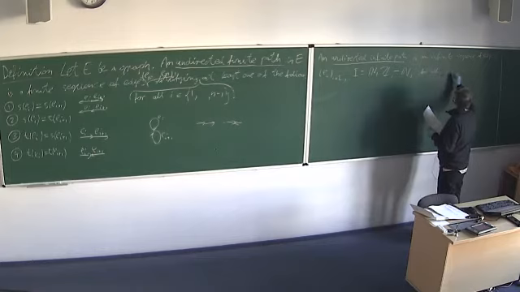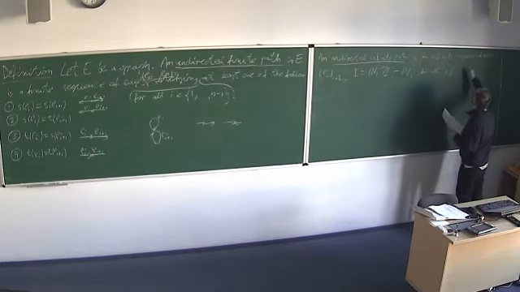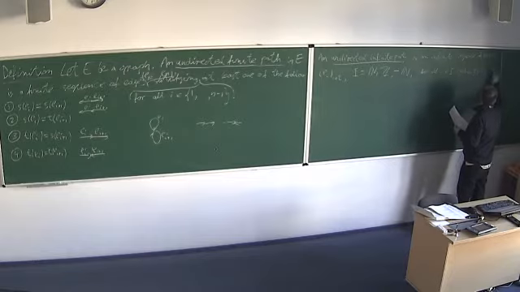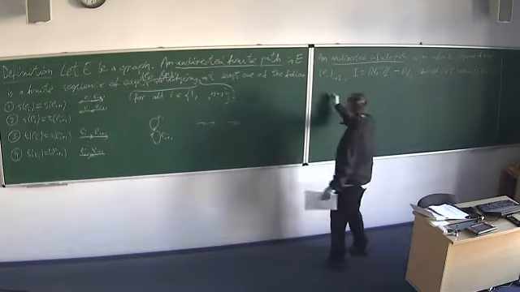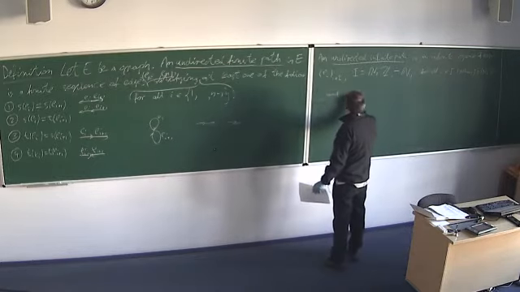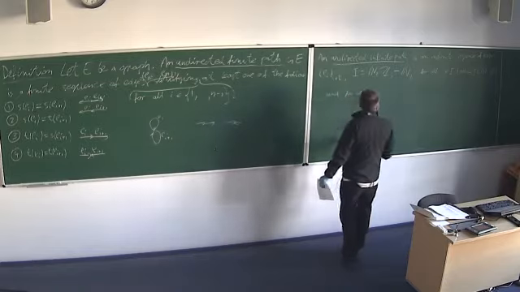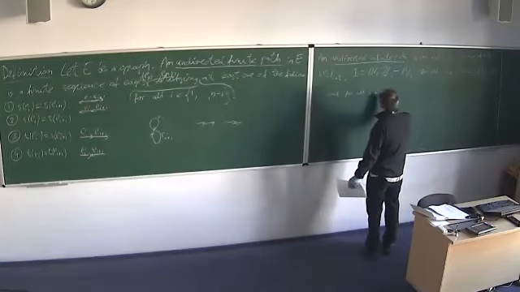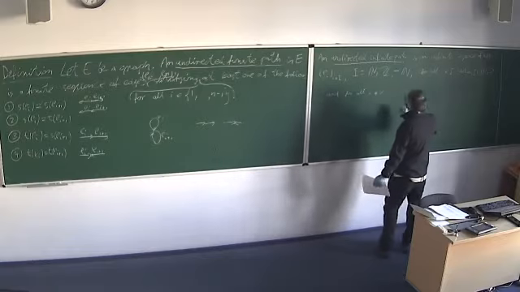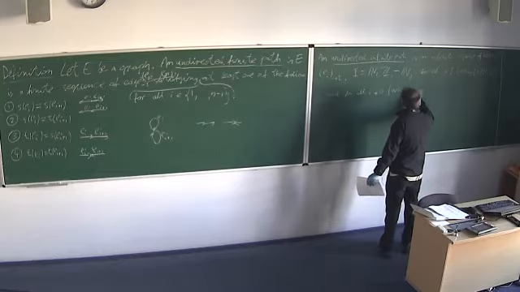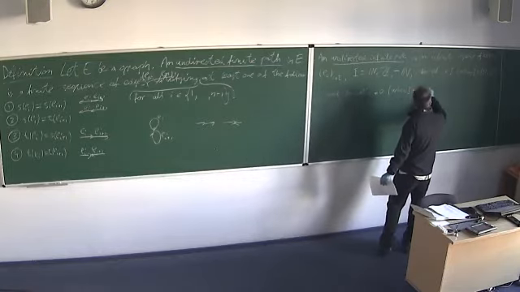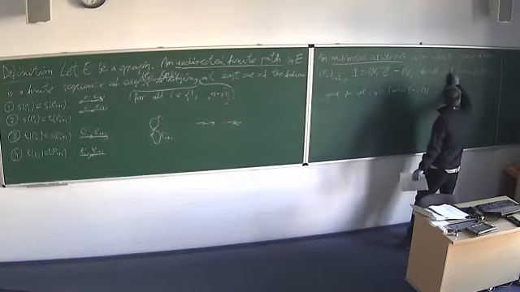For all i in I, when I is equal to N or Z, and for all i not equal to 0, when I is equal to minus N. Sorry, this is a blackboard i.